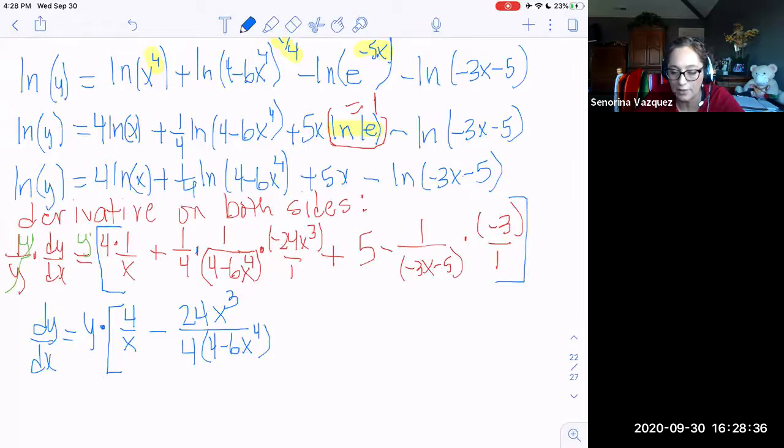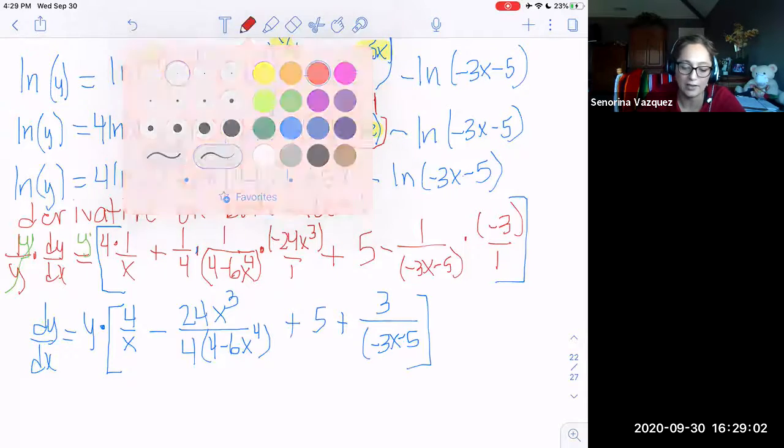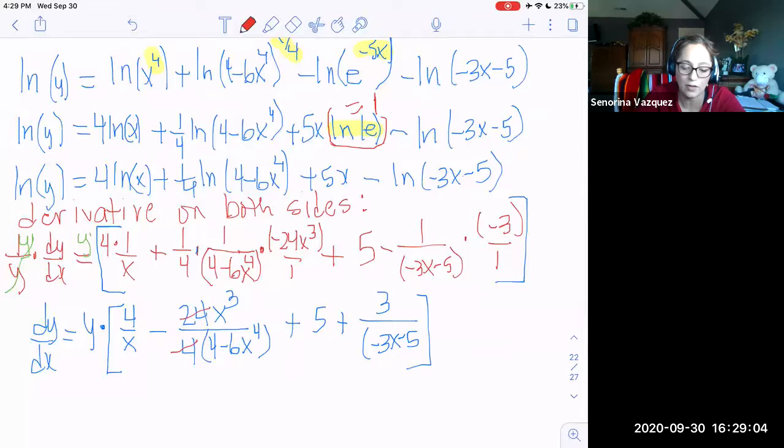Okay, there's that second fraction. Plus 5, that's still a lonely little 5, minus, actually that's going to turn into a plus because when I multiply this on top by that, negative times negative is a positive 3 over that denominator of negative 3x minus 5. Okay, one more thing that can simplify here is this 4 can go into that 24 6 times.